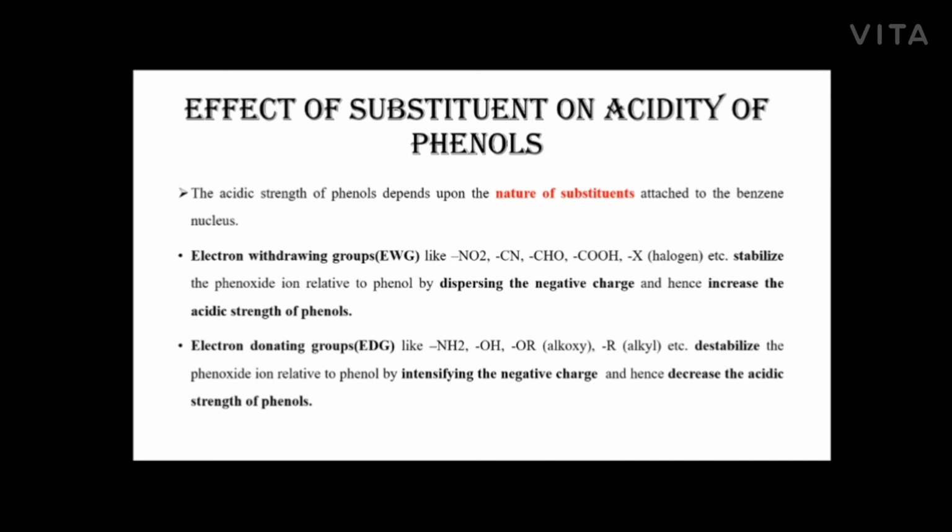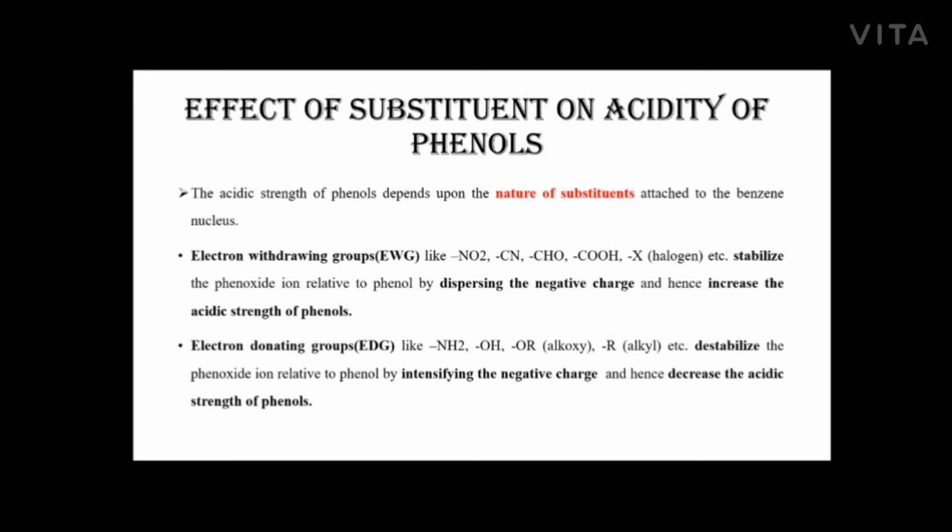You can see that electron withdrawing groups, like a nitro group, cyanide group, CHO group, carboxylic group, and any halogen, are all electron withdrawing groups, and these groups stabilize the phenoxide ion which we get after the deprotonation of phenol. If there is a stabilization of the phenoxide ion, the reaction is shifted more towards the phenoxide ion and the acidity of phenols is greater.